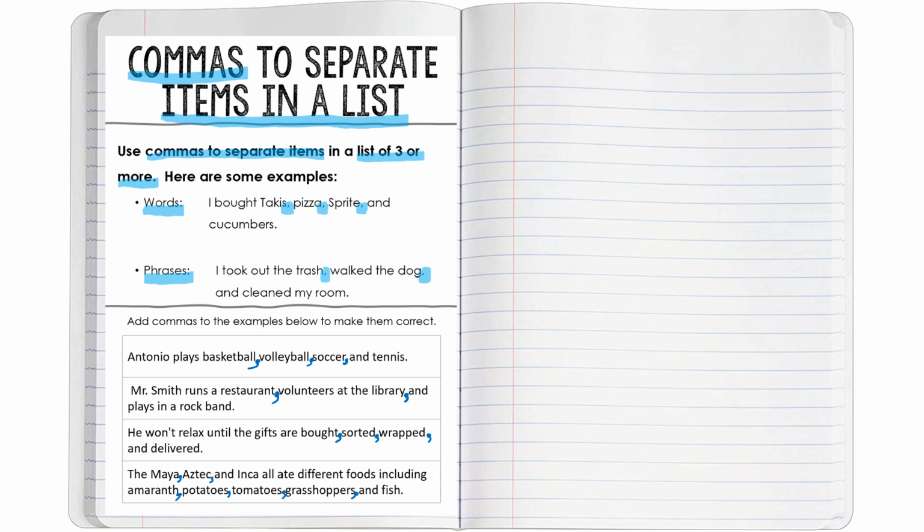Now I'm going to ask you to try it out on your own. On the page next door, I'm going to ask you to write a couple different sentences. The first type of sentence I want you to write, I want you to list some of your favorite foods. Ooh, let's put in a sentence.